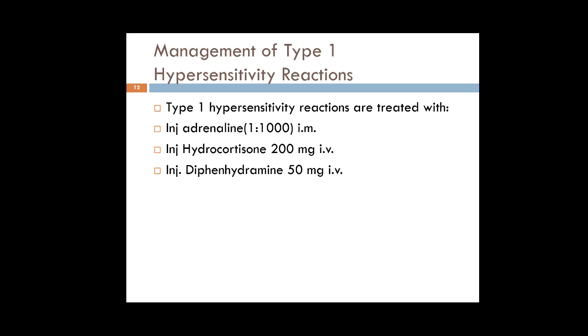So these anaphylactic reactions are very lethal kind of reactions. So the drugs given are injection adrenaline, injection hydrocortisone, and injection diphenhydramine. So injection adrenaline, you will be learning this drug soon, that is in autonomic nervous system. It is a sympathetic drug.